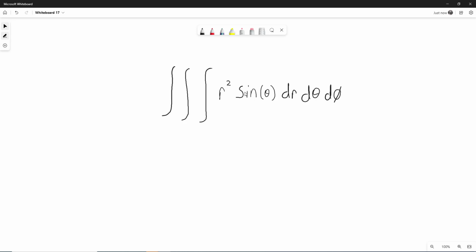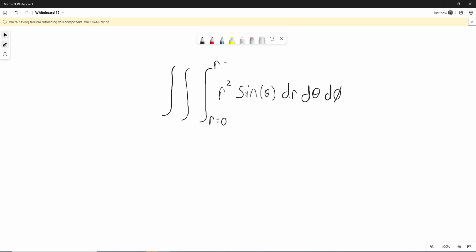So for r, I'm going to specify r equals, let's say, 0 to capital R, which would be the constant. So small r is the variable, capital R is going to be the constant. Now for theta, I'm going to say theta equals, let's say, 0 to pi.